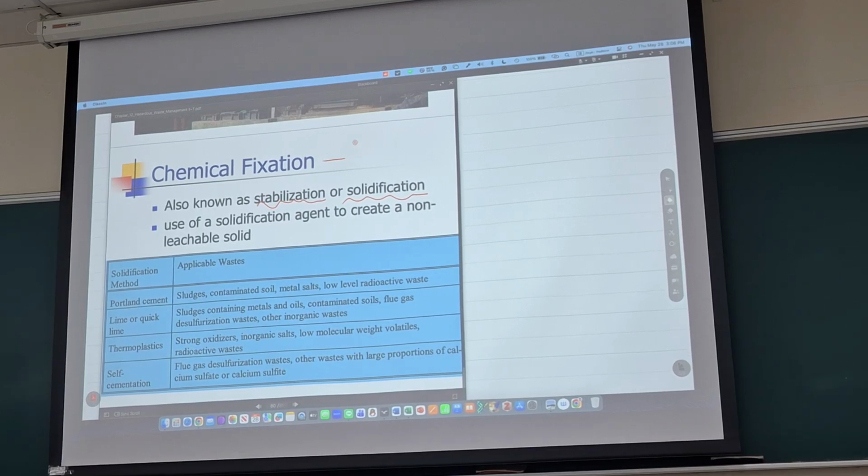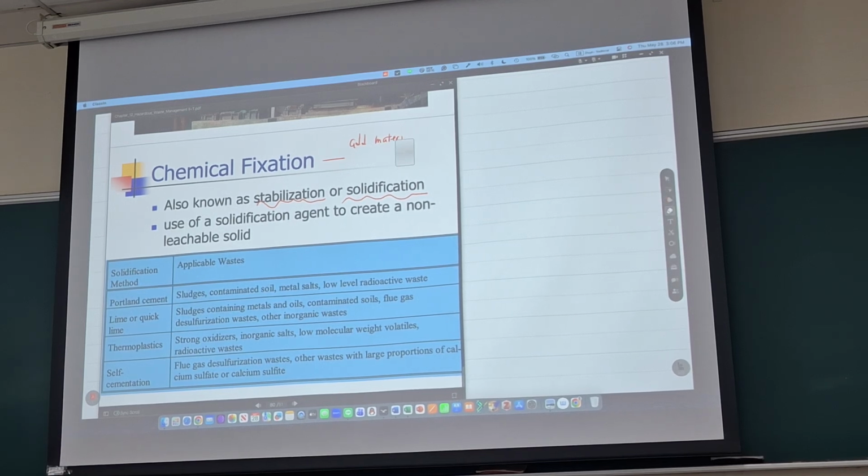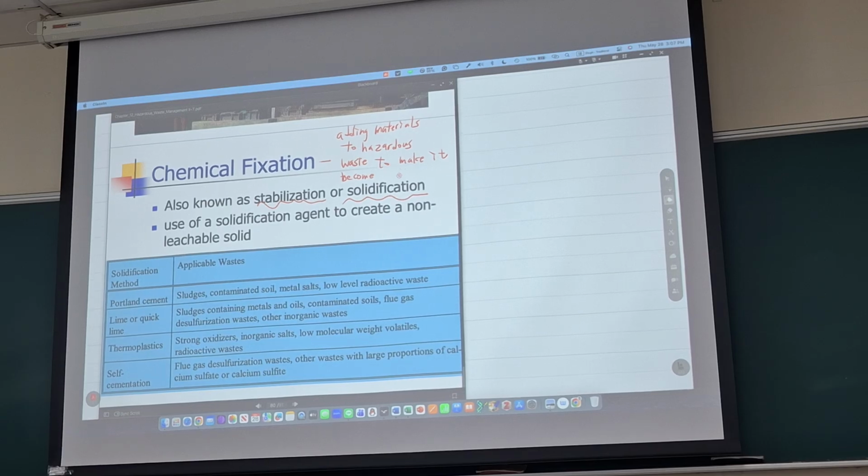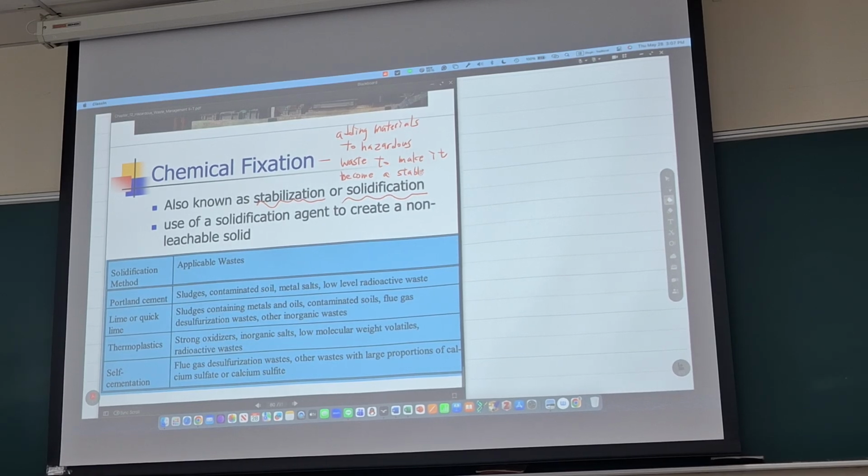This means we add materials to hazardous waste to make it become a stable solid.